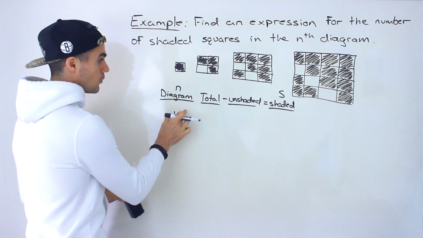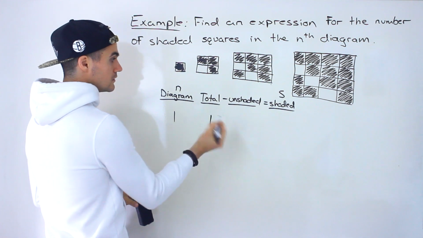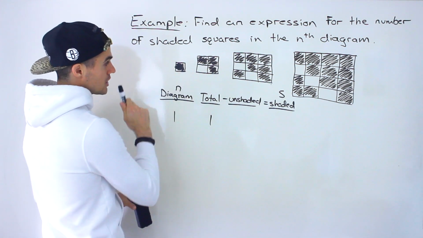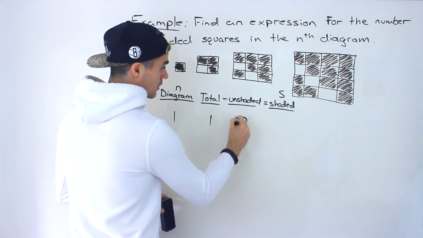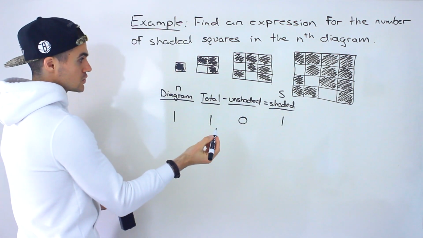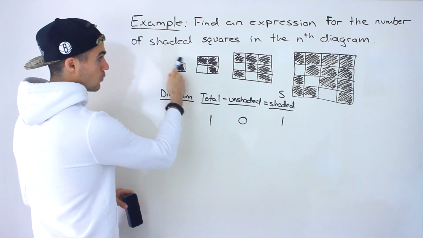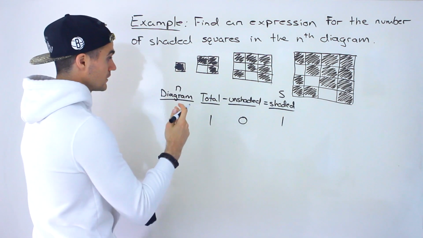Starting with diagram 1, how many total regions are there? Well, there's 1 total region. How many unshaded regions are there? There's 0, meaning that there is 1 shaded region here, right? It's just the 1 shaded region that's filled in.